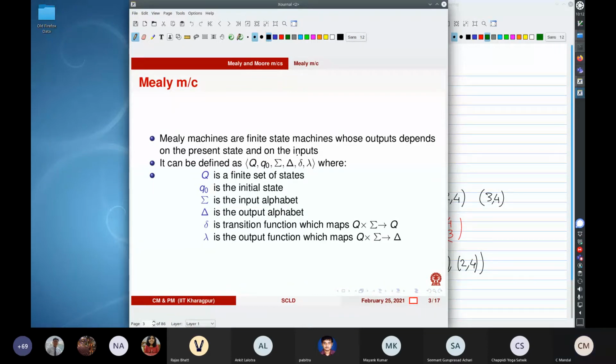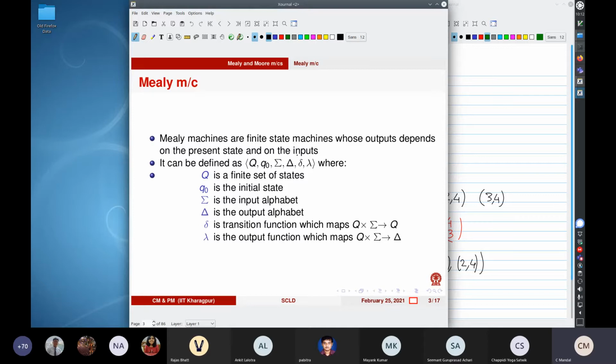So these Mealy and Moore machines are really just finite automata, but you can say these are variants of finite automata which are more suited to the design and implementation of digital systems.